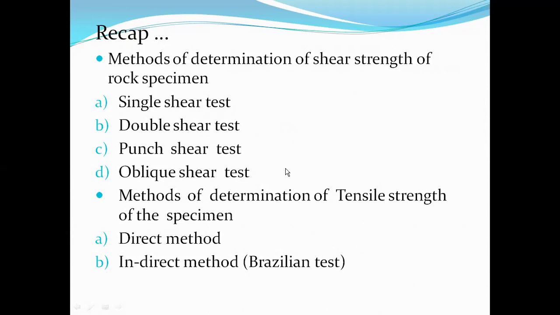Apart from that, we discussed the methods of determination of tensile strength of the specimen. In order to determine the tensile strength of the specimen, there are two methods. One is the direct method, and the second one is the indirect method, also known as the Brazilian test. So in the previous video lecture, we discussed in detail how to perform the direct method and the indirect method, or the Brazilian method.